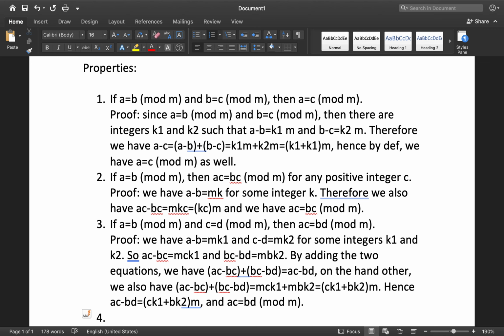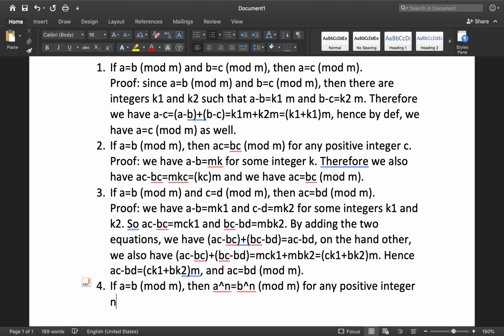For example, if we have A congruent to B modulo M, then we can raise it to any power. So we have A to the power N also congruent to B to the power N modulo M, and that is true for any positive integer N.